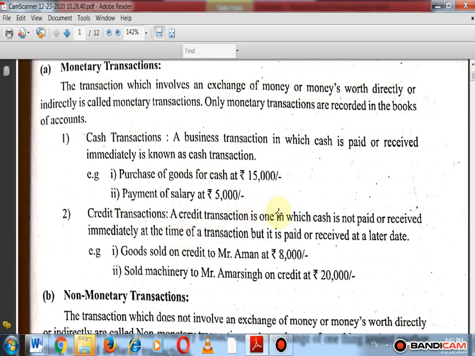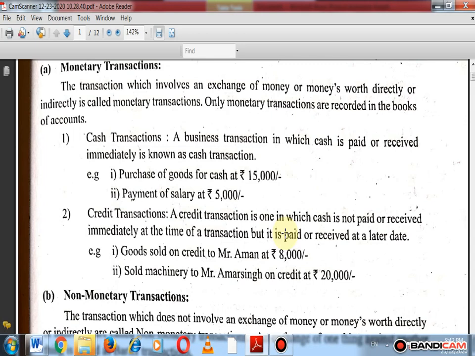Second one is credit transactions. A credit transaction is one in which cash is not paid or received immediately at the time of the transaction, but it is paid or received at a later date. It means the goods are purchased or sold on a certain date and the amount for those goods or services is paid on a later date, known as a credit transaction.